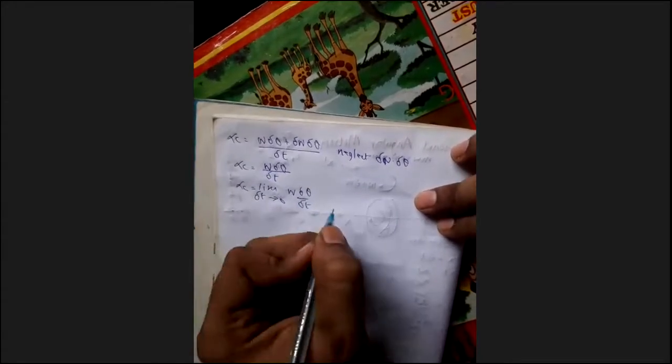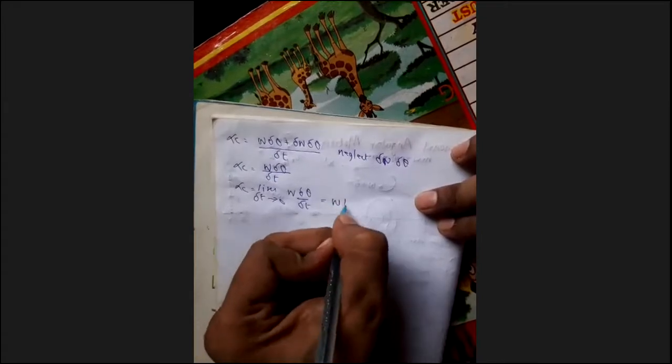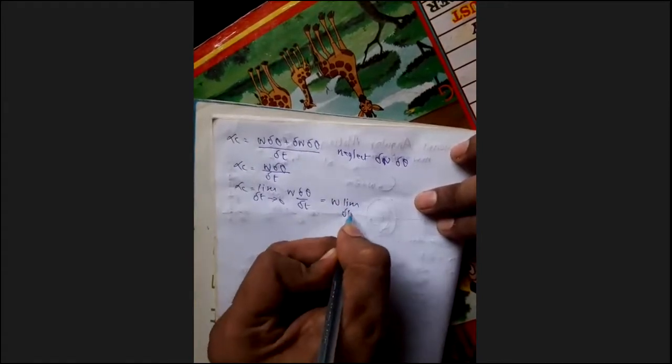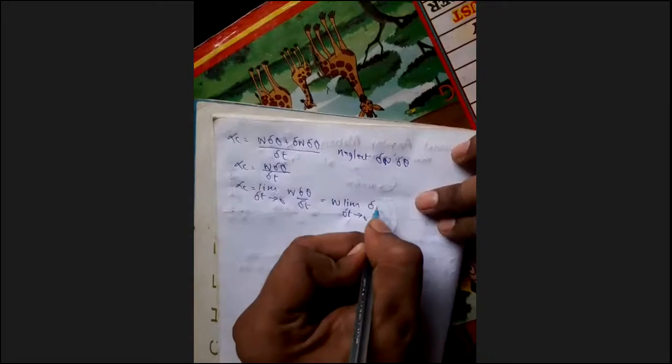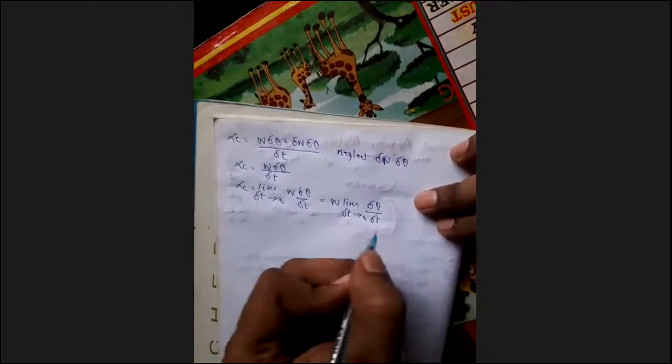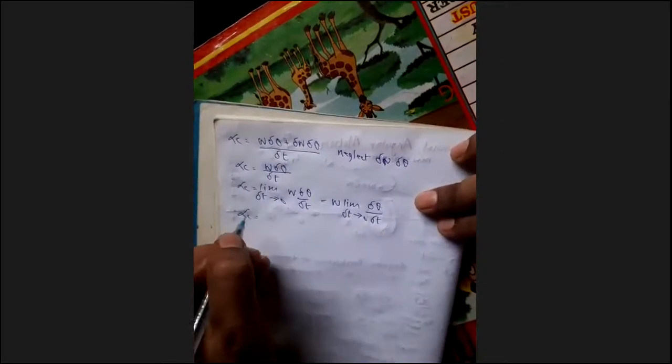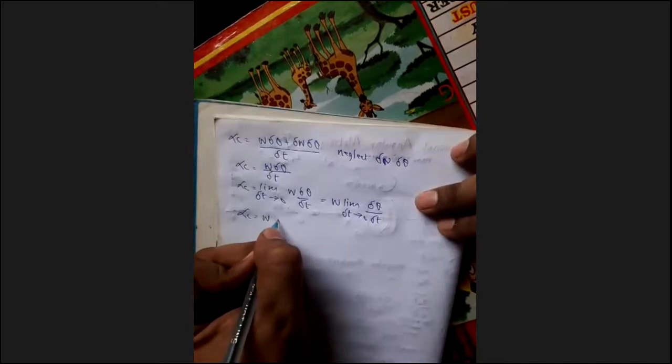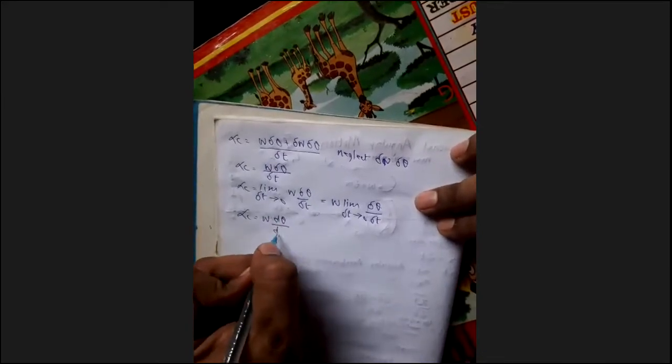Omega is constant, so we can write it outside the limit. Delta theta by delta t is nothing but omega d theta by dt.